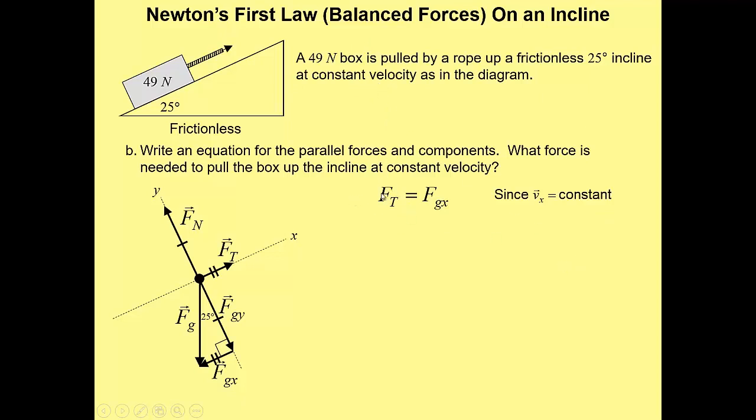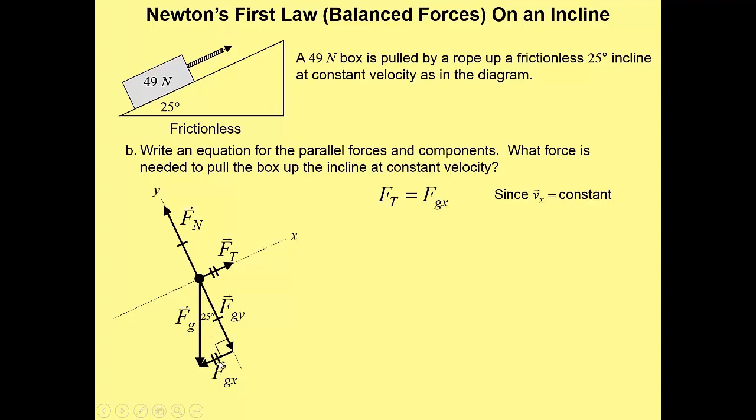So if I want to figure out the force of tension, I just have to figure out F_gx, right? But I don't know F_gx, but I can find it from F_g and the angle. Notice that F_g is the hypotenuse of this vector diagram, and this is the angle. Well, is F_gx the adjacent side or the opposite side to that angle?